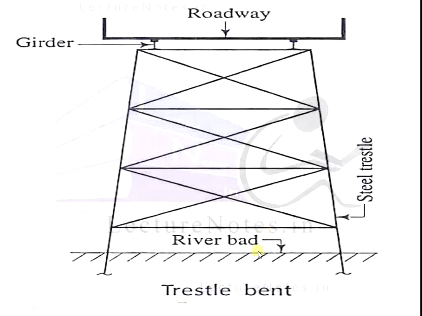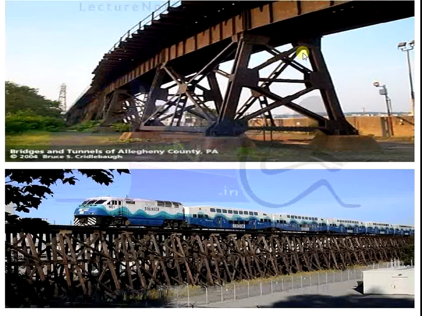This is a trestle bent, a steel trestle, with the girder and roadway or railway track, the bracings, and this is the river bed. This is the actual image of the trestle bent, where we see vertical, horizontal or diagonal shapes.